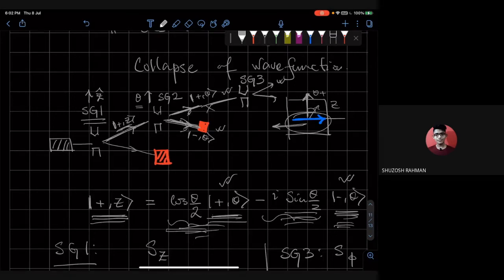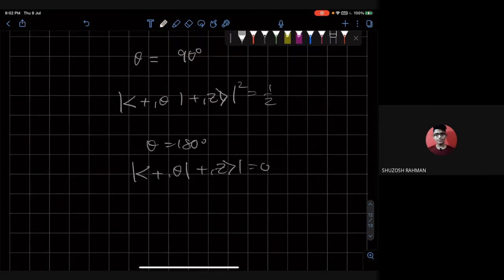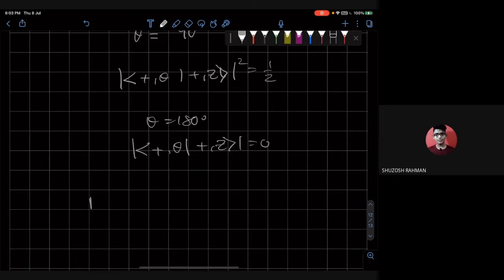Let's block this guy. If you just look at the upper beam, its wave function is going to make an angle theta phi, and we can express it in terms of the original. And of course, it makes an angle phi, so there'll be cosine of phi by 2 plus z, and then minus i sine of phi by 2 minus z.